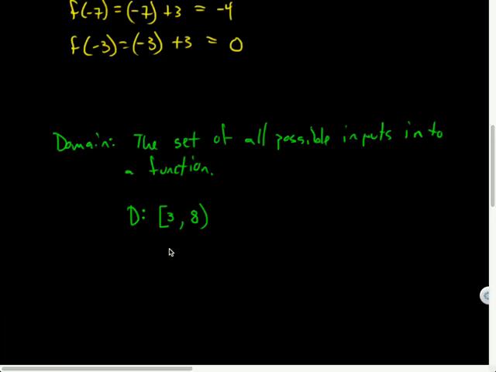Another way I could represent the same thing, I could say 3 is less than x is less than 8. So that's the second way you can represent domain. And then a third way. It's just a matter of notation, 3 different ways of writing it. They all represent the same thing.